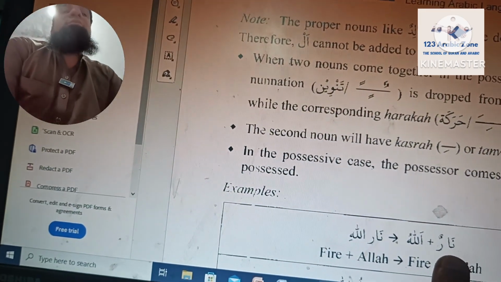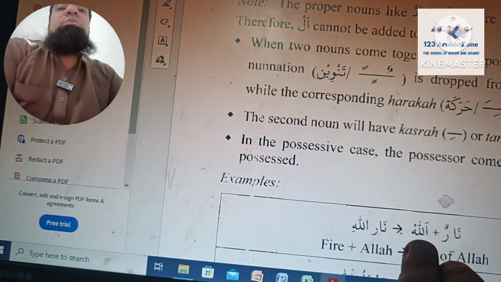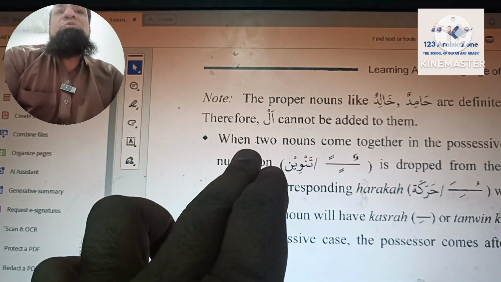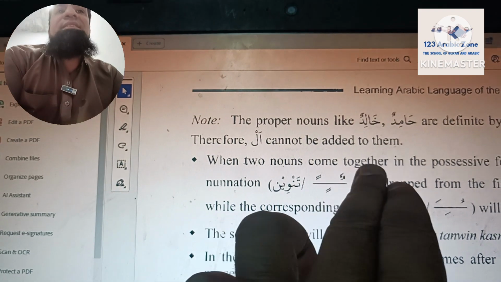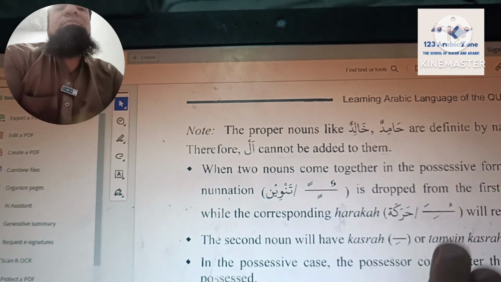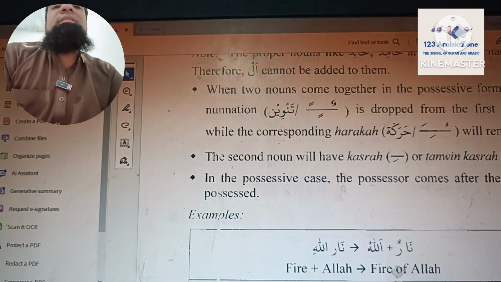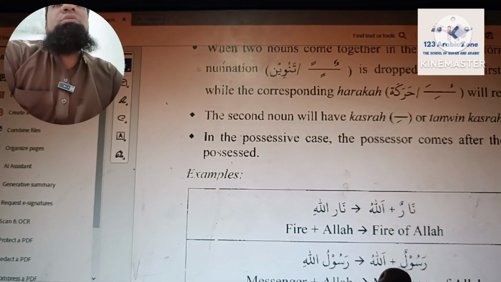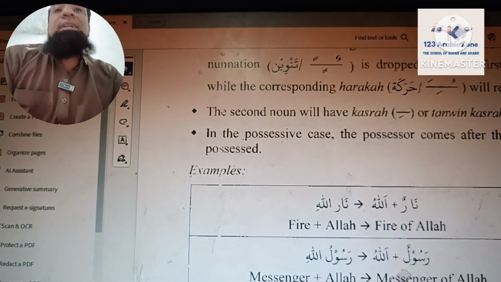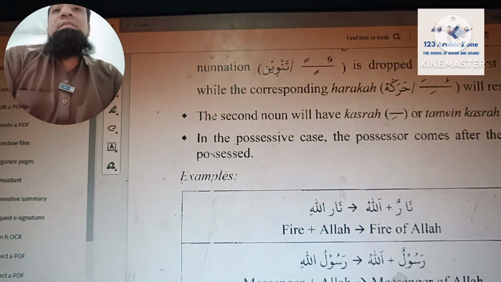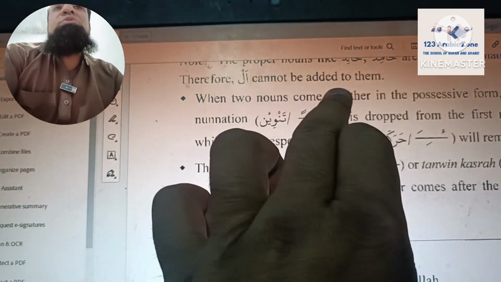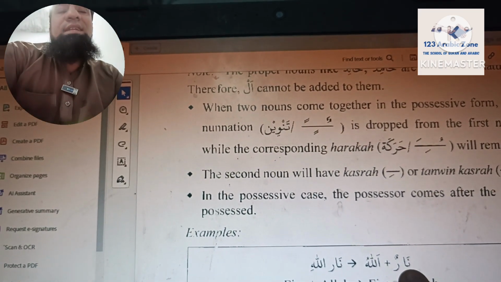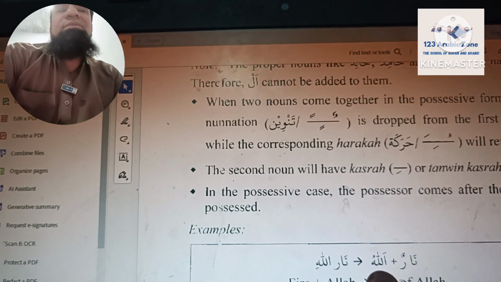Another example: Rasulun, Allahu. When two nouns come together, this is an indefinite noun, Allahu, lafzul jalala, definite.